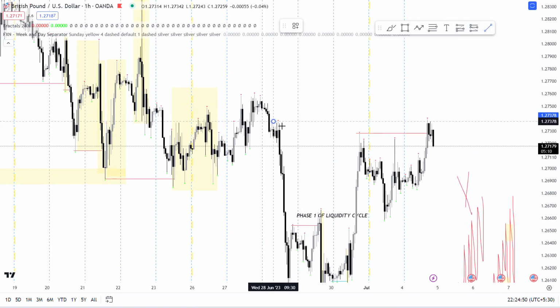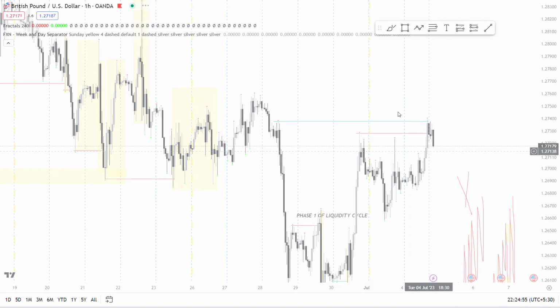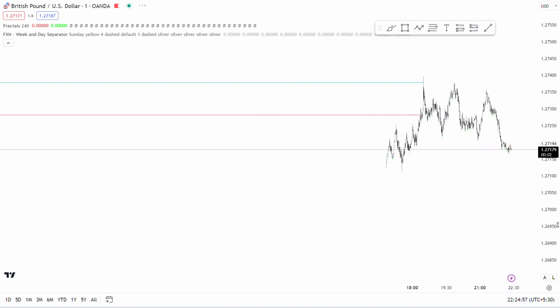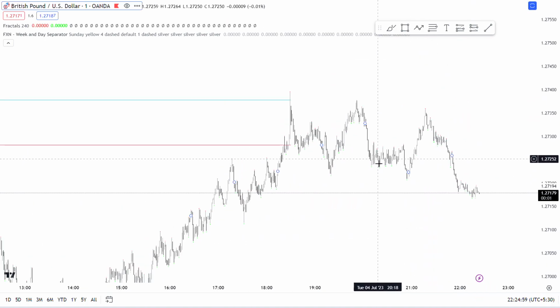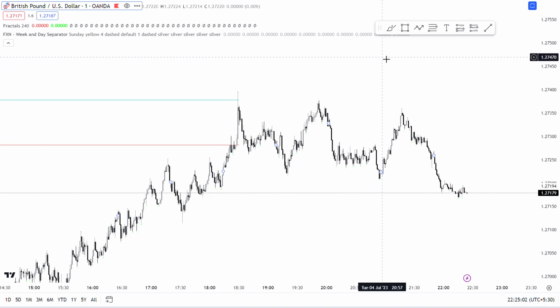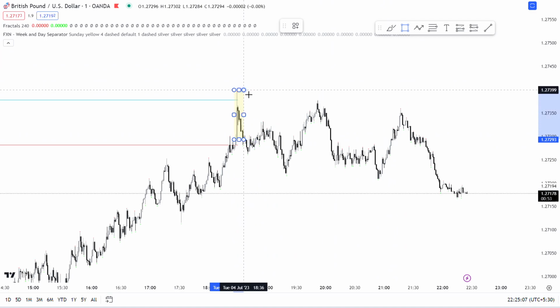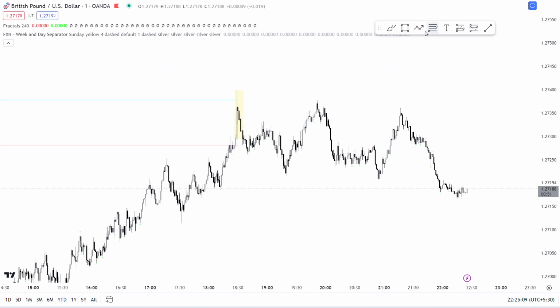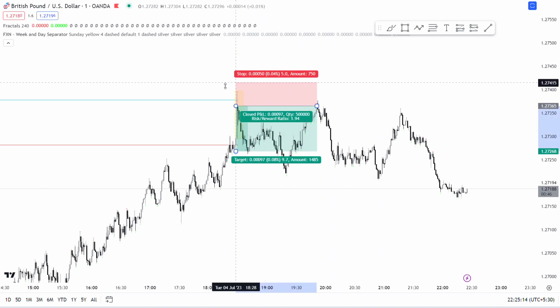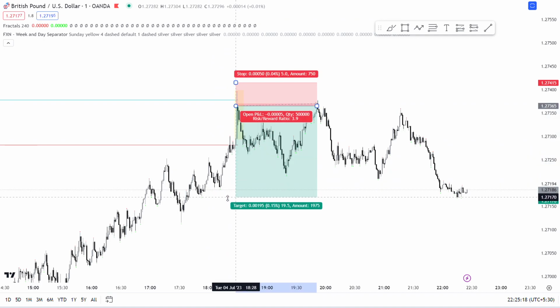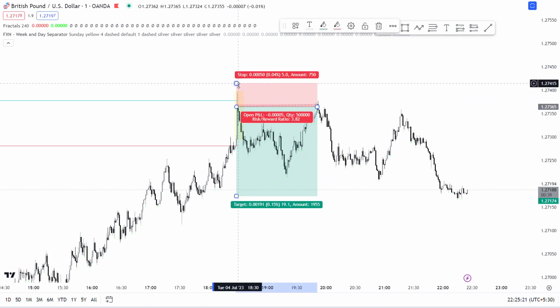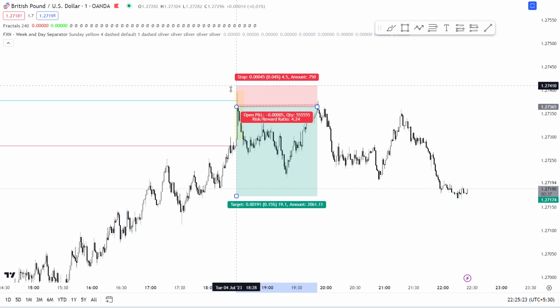Same thing. Previous internal liquidity is taken exactly at the tip. Today there is news. The news candle took the liquidity, exactly the news candle. The news candle took the liquidity and we can trade here. 0.5, so 4.5 stop loss.